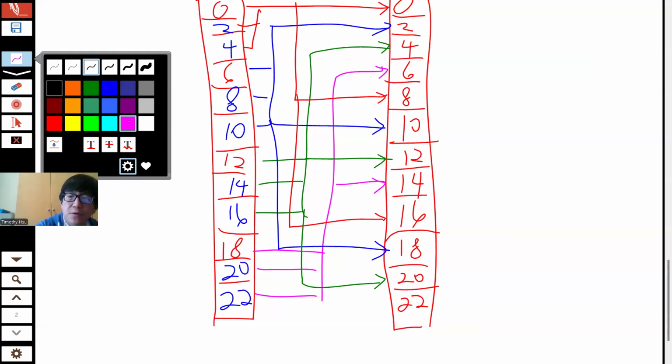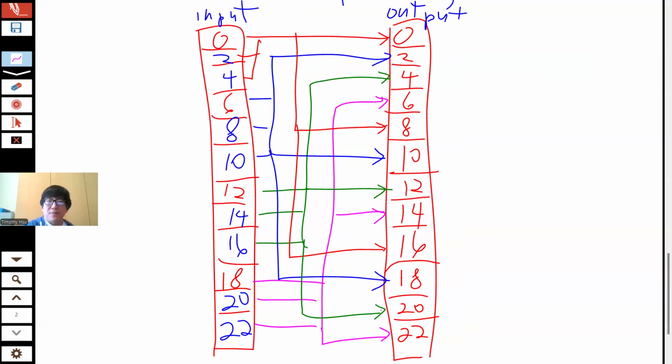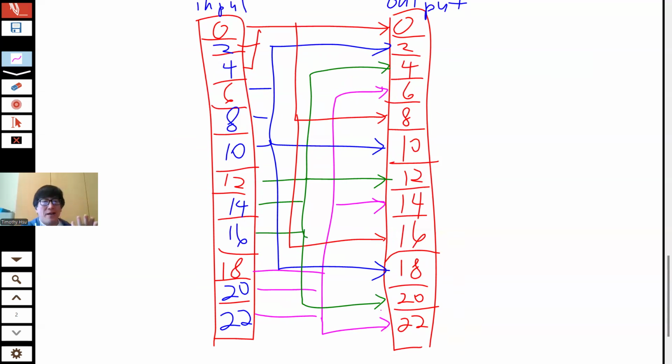And the inputs 18, 20, 22 go to output 22. All right, so there's the subgroup subdiagram.